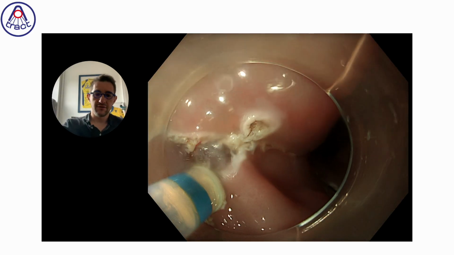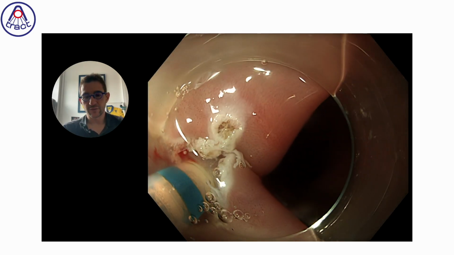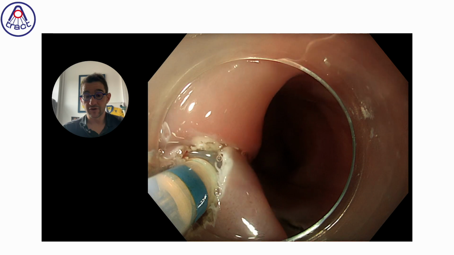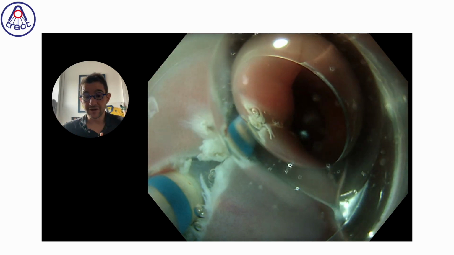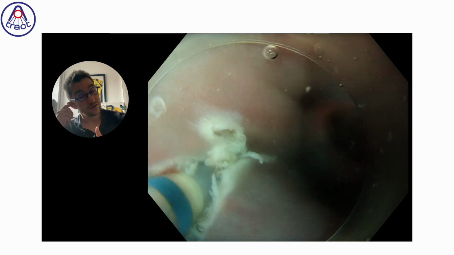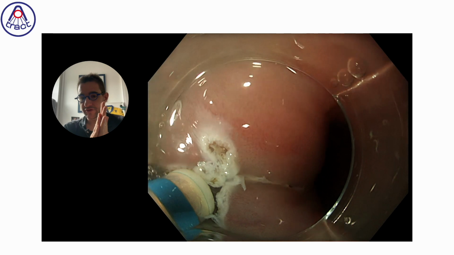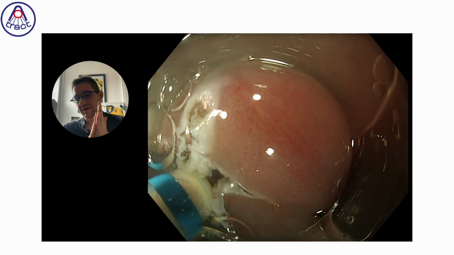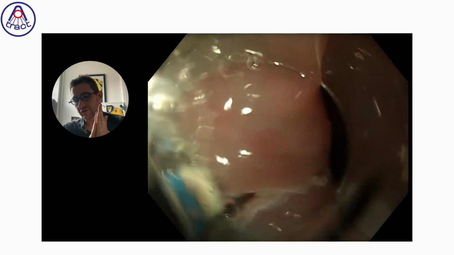If you are everywhere without any contact with the cap, it is far more difficult, because you are dependent of the respiratory movement, everything. So keeping the contact between the cap and the mucosa is for me something very important.